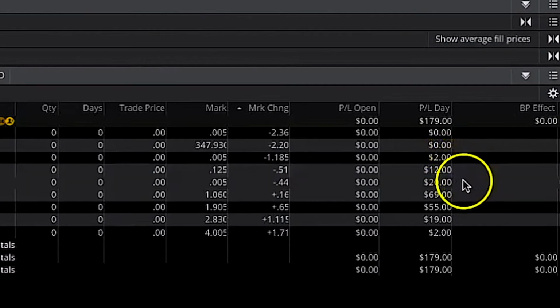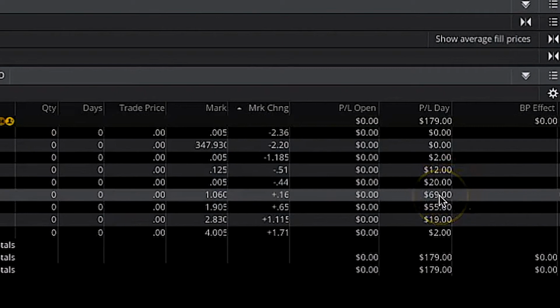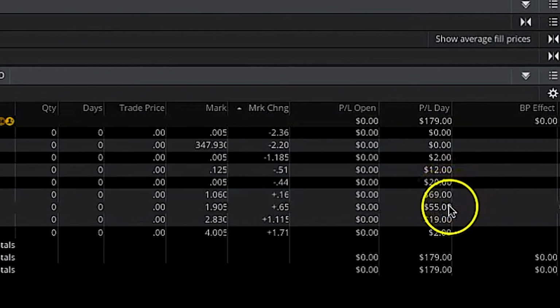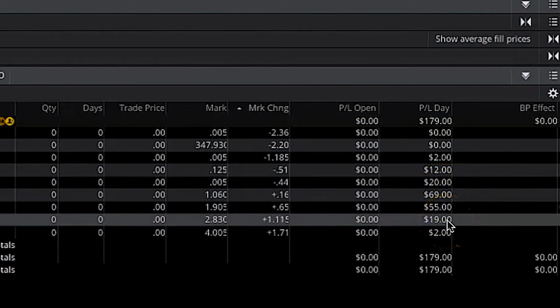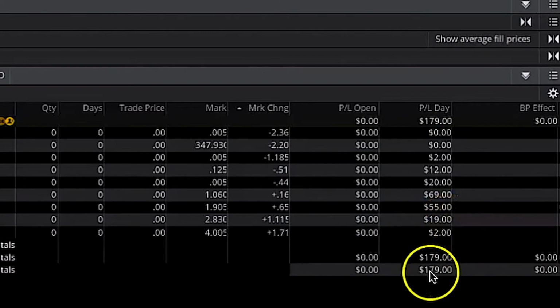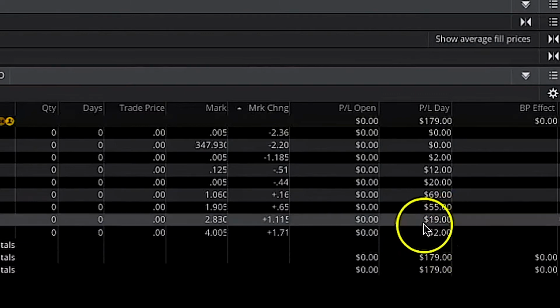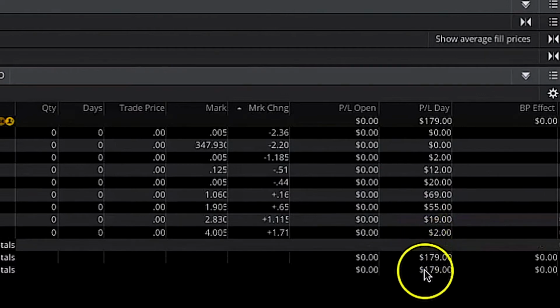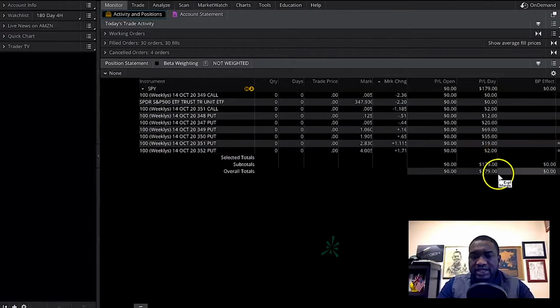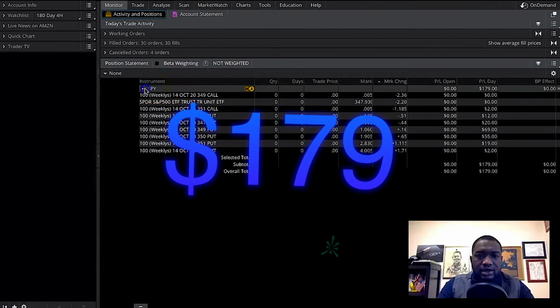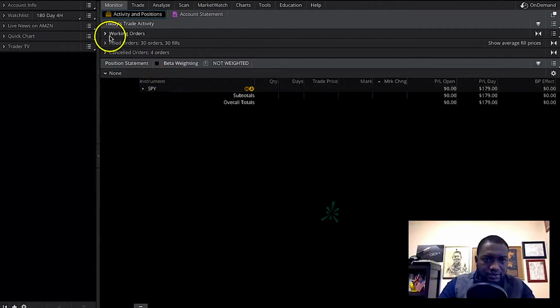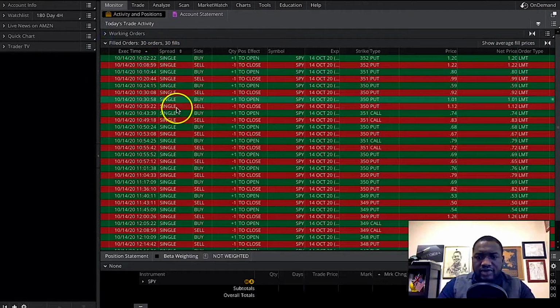This one I made 12. I made 20 here, 60, 69 here, 55, 19, and then another $2, and that's what adds up to $179 in profit for the day. Now, the bread and butter of what I'm going to talk about is right here.